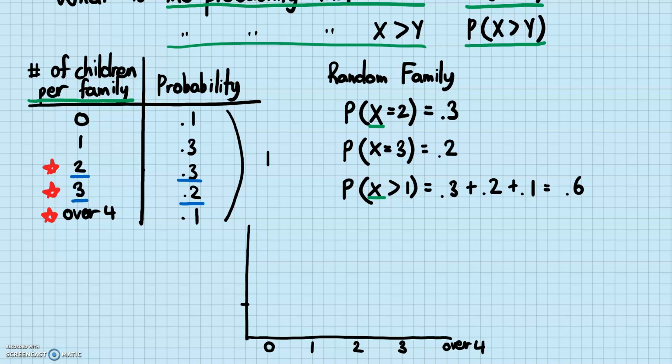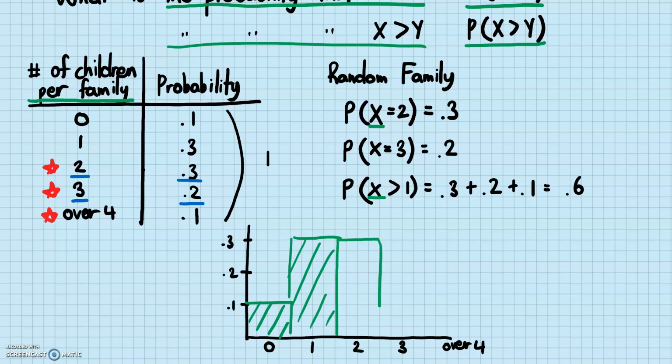And we had 0 was 0.1, 1 was 0.3, 2 was 0.3, 3 was 0.2, and 4 was 0.1.